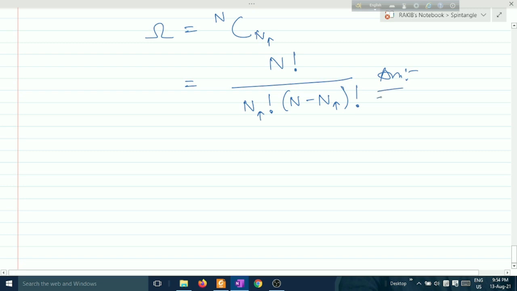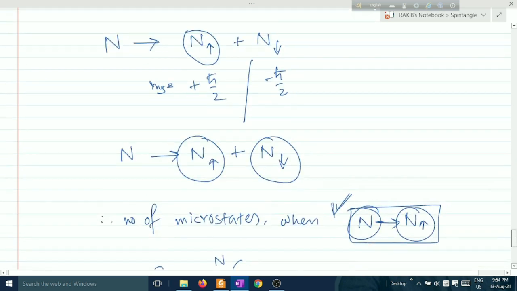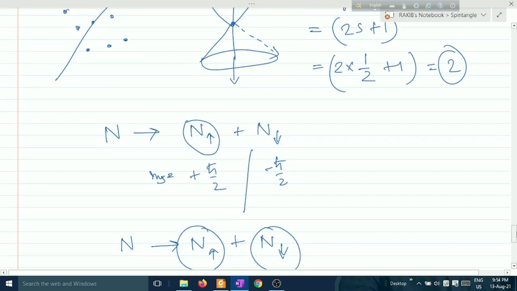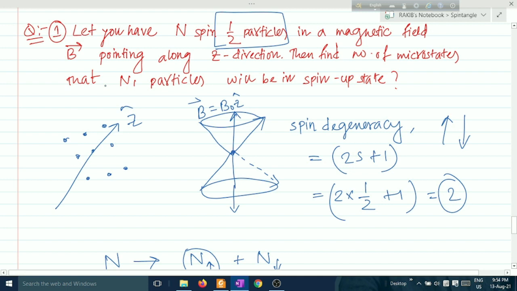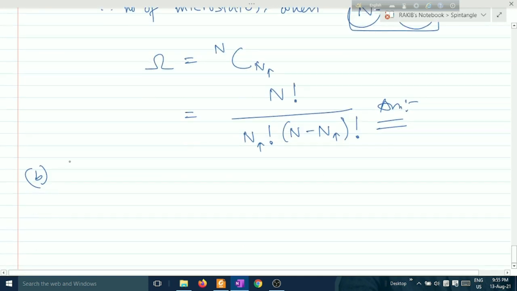Say this is part A, and part B asks: what is the entropy of the system?